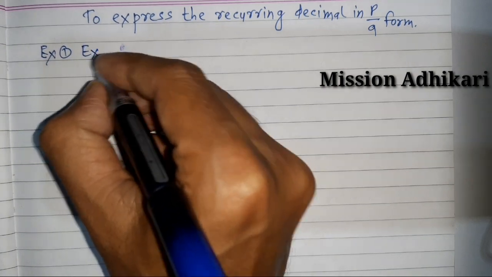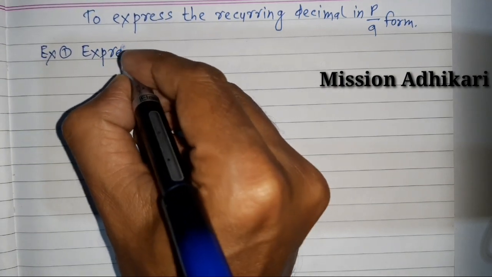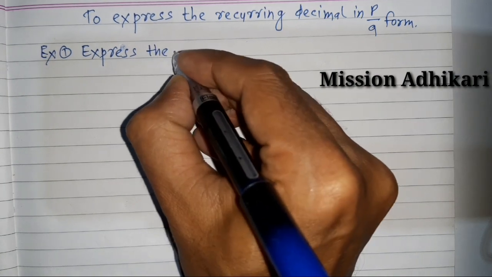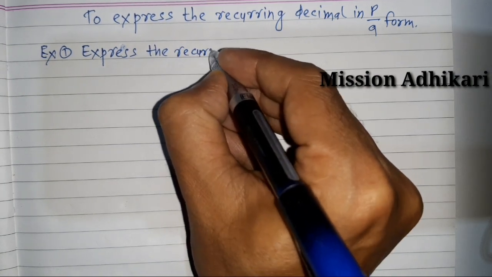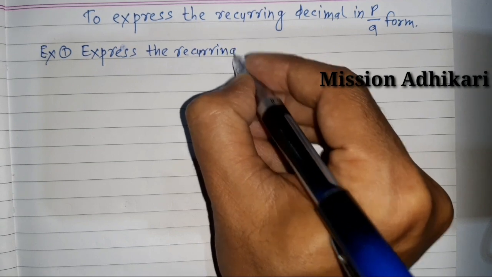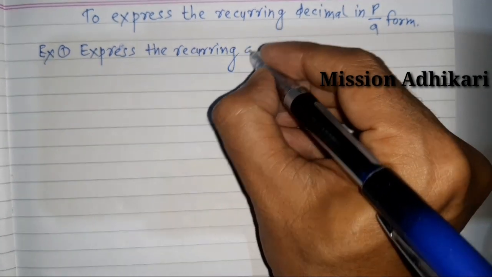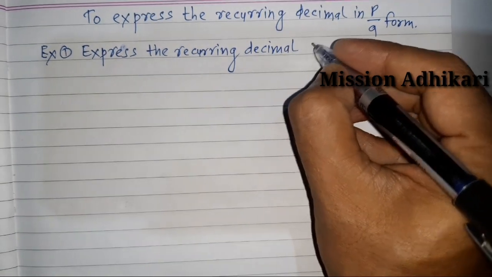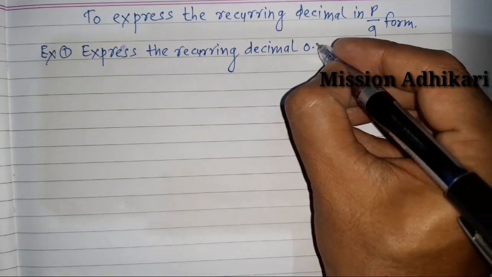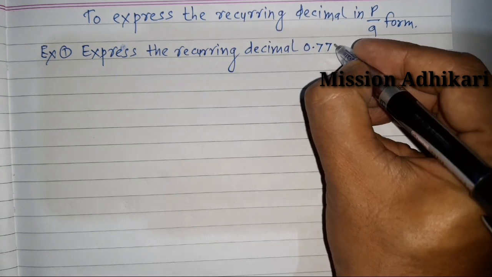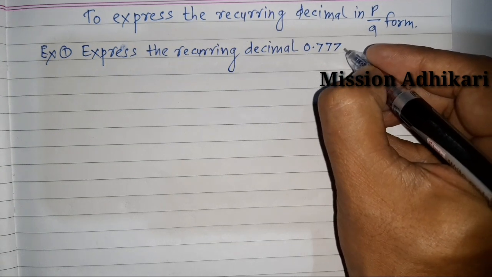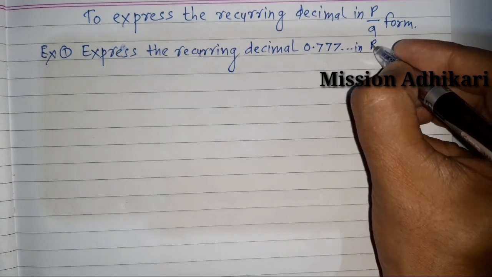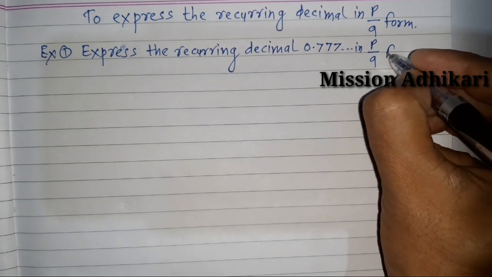Express the recurring decimal 0.777 and so on in p upon q form.